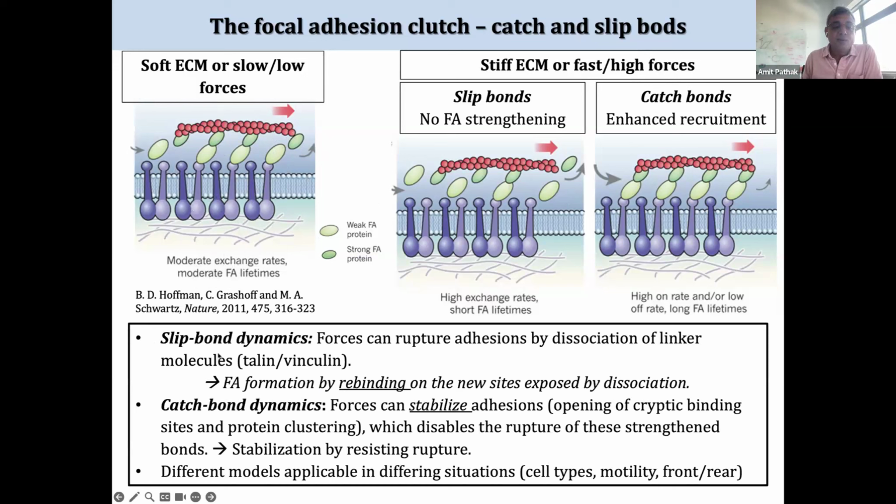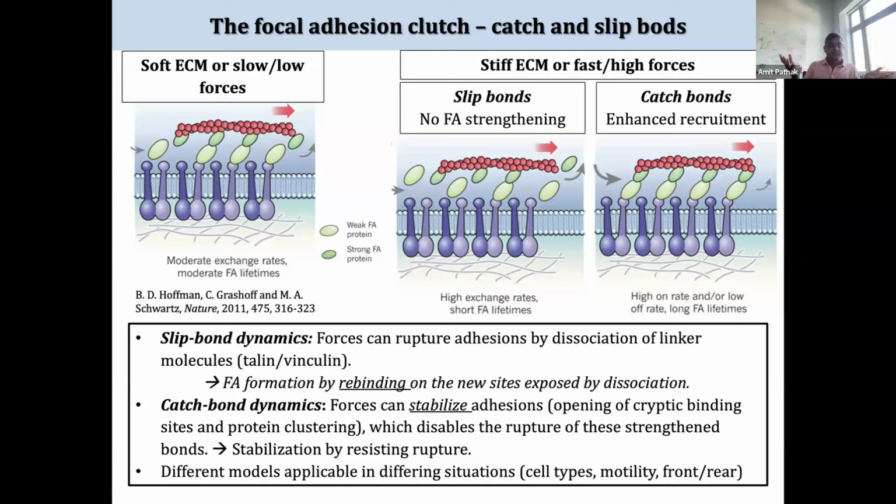So the only way the bonds are being formed is not by stabilization. Bonds are breaking, and when they break, the previously bound receptor site is now open, and new ligands have a higher chance to bind it. So the bonds are being formed by virtue of them being broken at the same rate. It's called adhesion turnover.